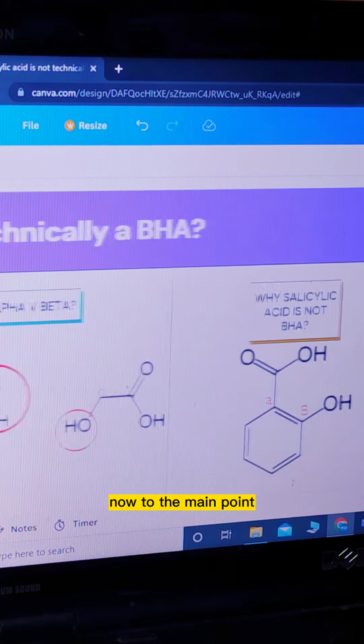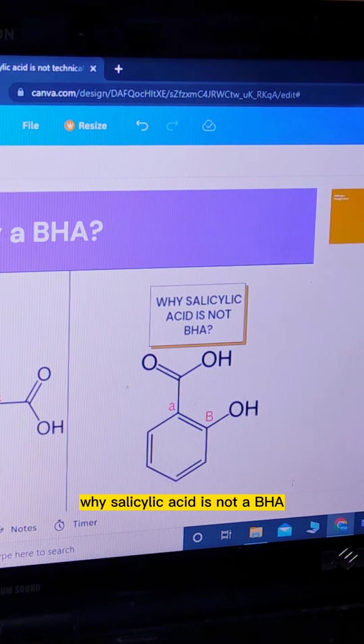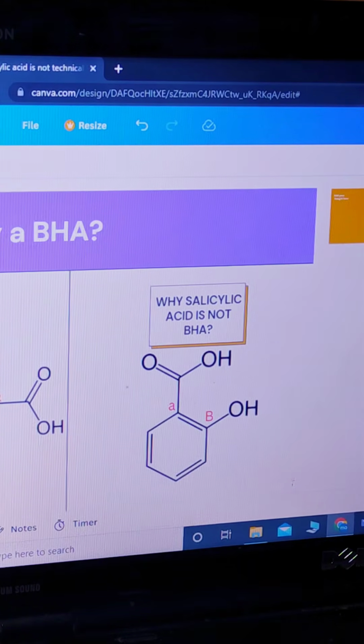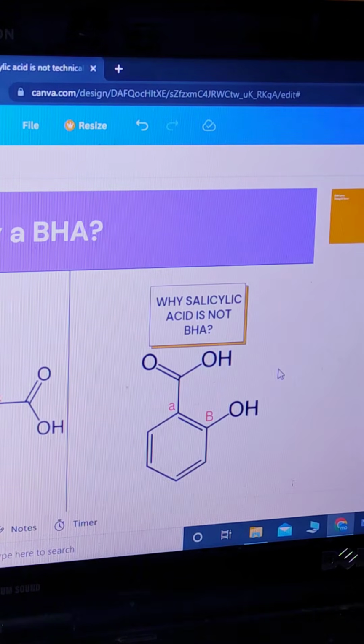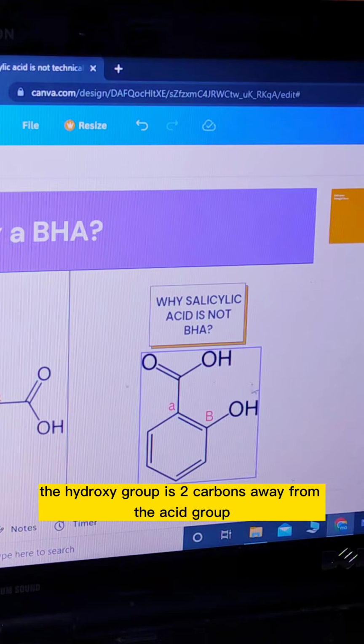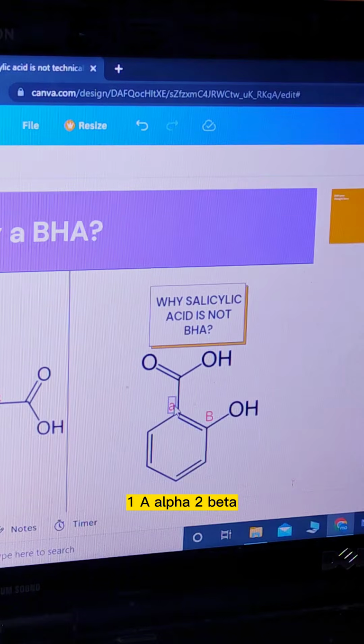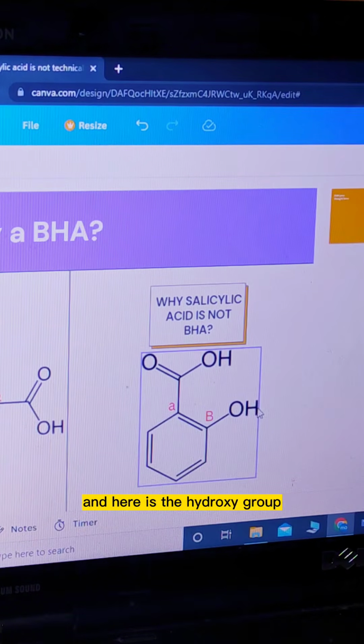Now to the main point: why salicylic acid is not a BHA, technically speaking, but in general it's known as a BHA. If we follow the same naming rule from the previous example, the hydroxy group is 2 carbons away from the acid group, 1 alpha, 2 beta, and here is the hydroxy group.